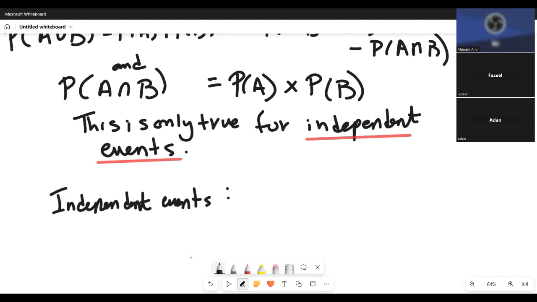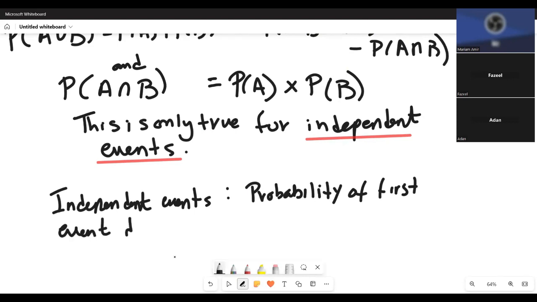Independent events are events that do not affect each other's probability. Like the probability of the first event does not affect the probability of the second event.